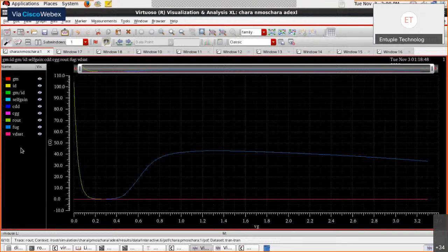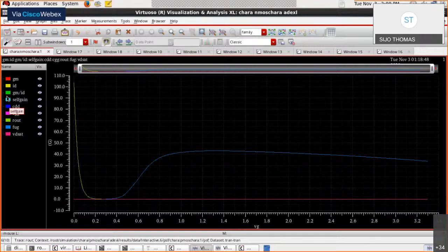CDD is the effective capacitance at the drain terminal, CGG is the effective capacitance at the gate terminal. Then you have FUG or FT of the transistor. You have the R out of the transistor, and also you have VD sat, for a W of 5 U and L equal to L minimum, that is 180 nanometer.